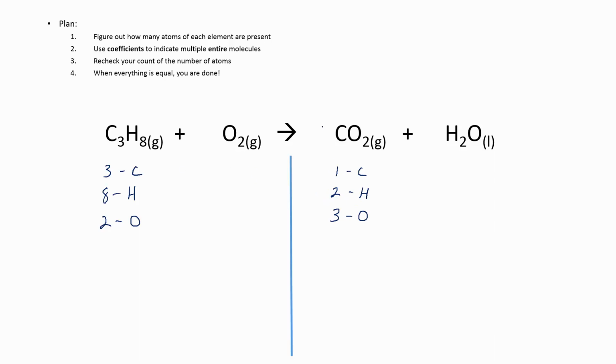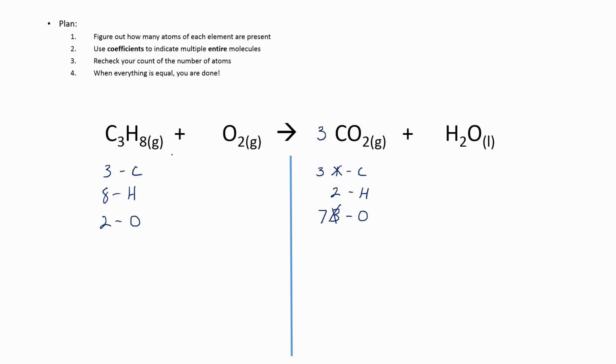So how do we get from 3 to 1? What can we add? Well, we can add a 3 in front of carbon dioxide. That will change the number of carbons to 3. But notice it also changes the number of oxygens. Now I have 3 times 2 is 6, plus 1 is 7. So we're keeping a running tally here of how many of these things we have on each side.